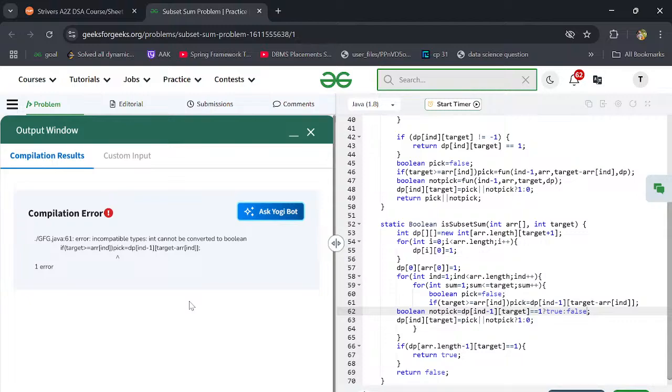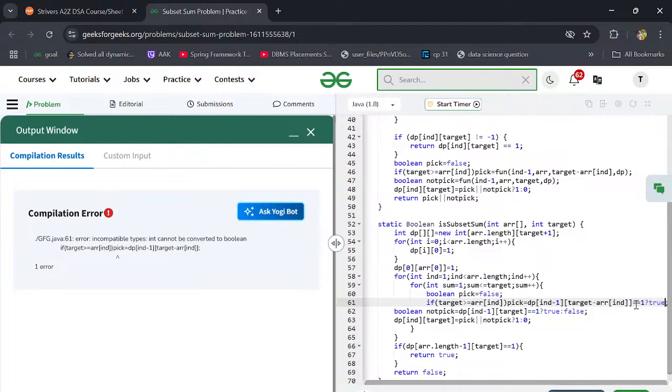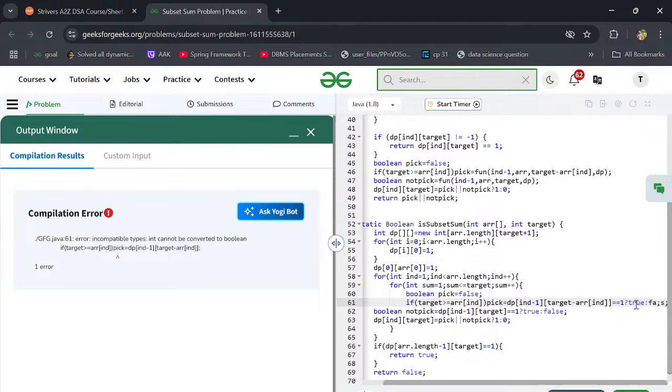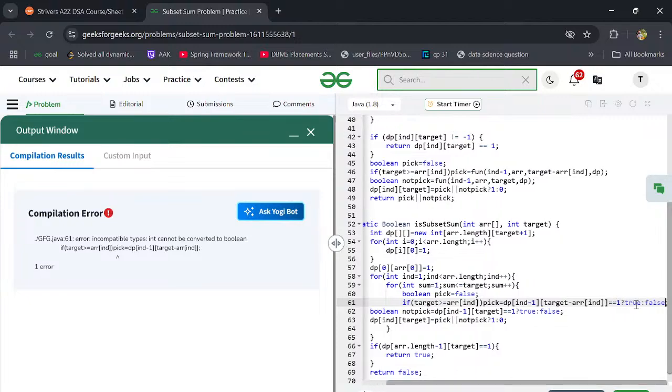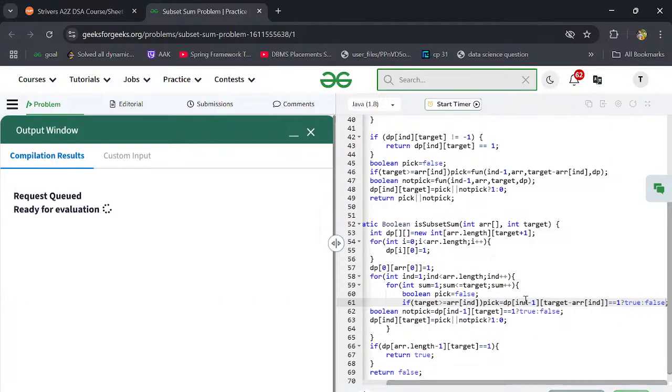If target is greater than or equal to... if it is equal to 1, same way, true, or else false. Got it.